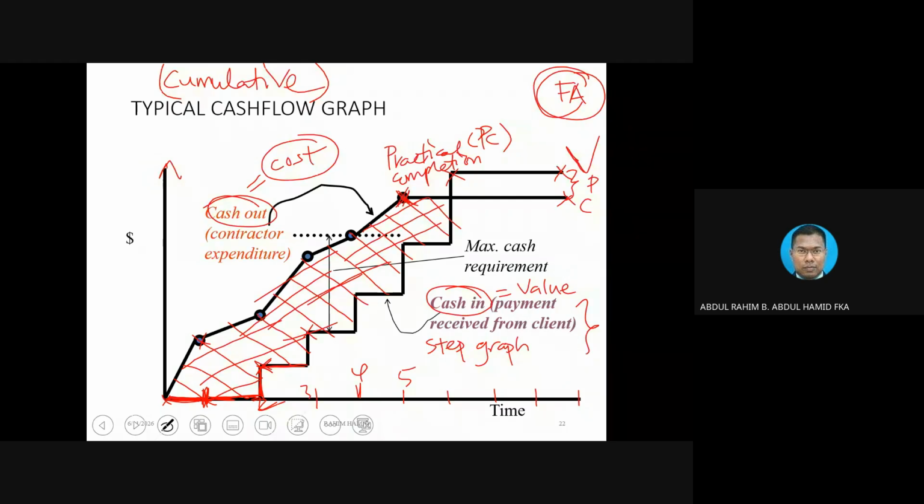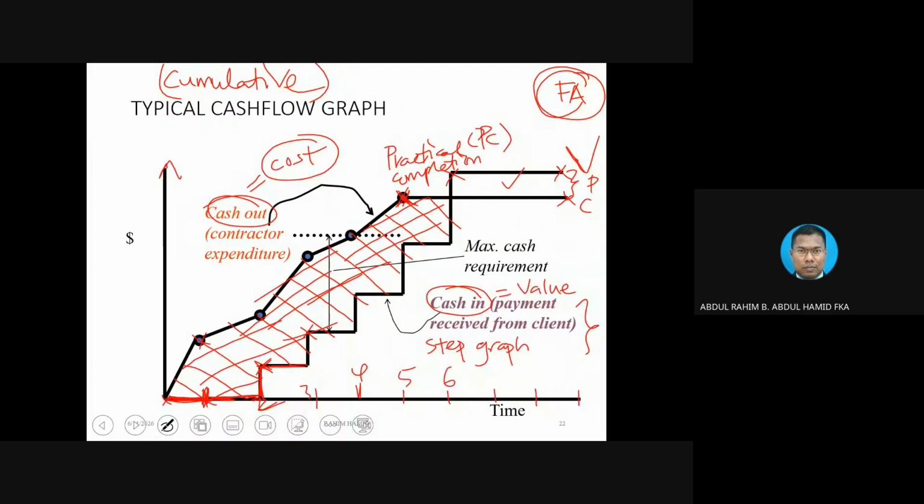Only from the 6th month onward is the contractor going to have excess money, not require money. Require money means you need to borrow money. Excess money, basically you are already safe. Only after 6 months. So if, for instance, you get a contract for 5 months, meaning for the whole project completion, you are running short of money.